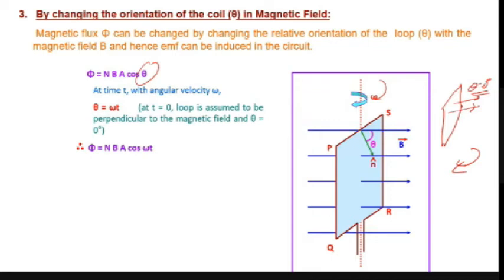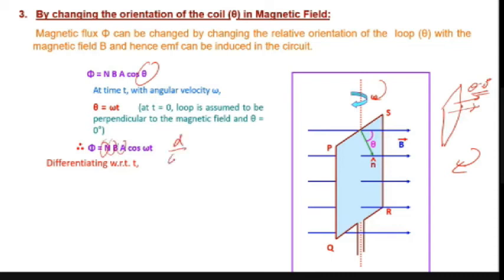Now Neha. Yes, sir. How to find the induced EMF? E is equal to? Minus d phi by dt. Okay, do it and tell me the answer. First find d phi by dt, then put minus sign. What will be d phi by dt? N is constant, B is constant, A is constant.